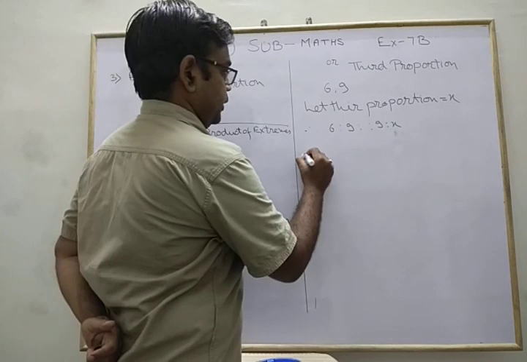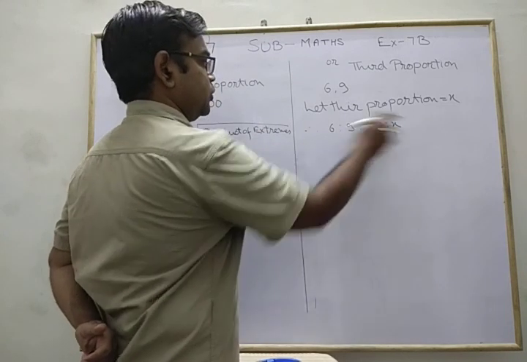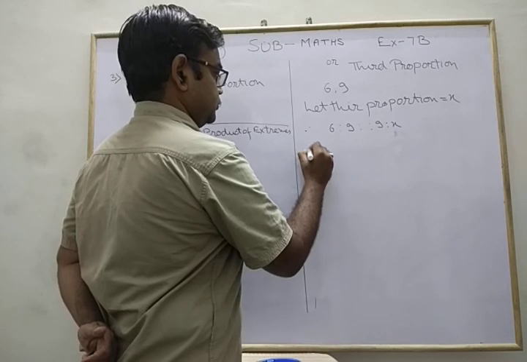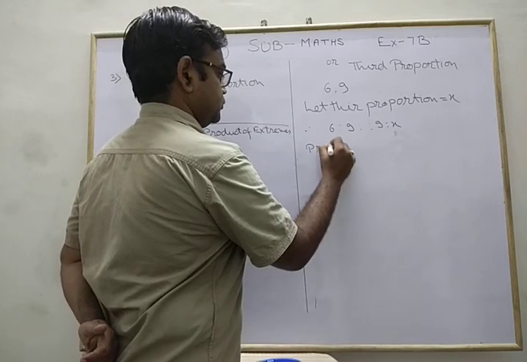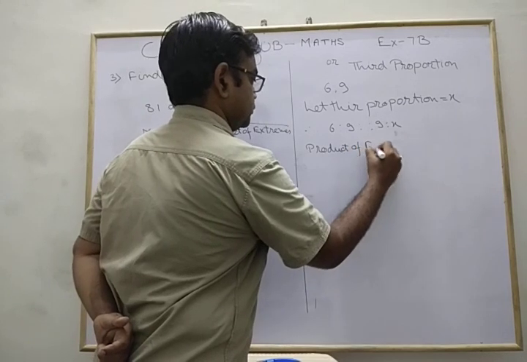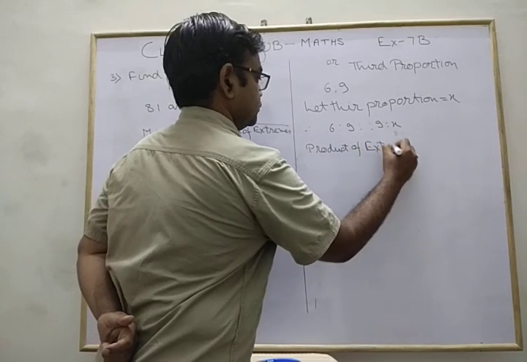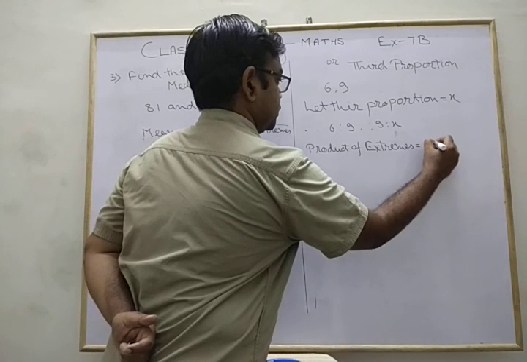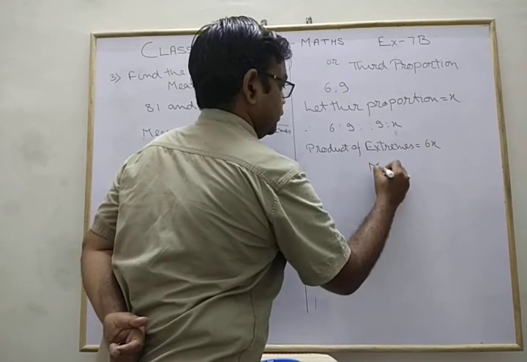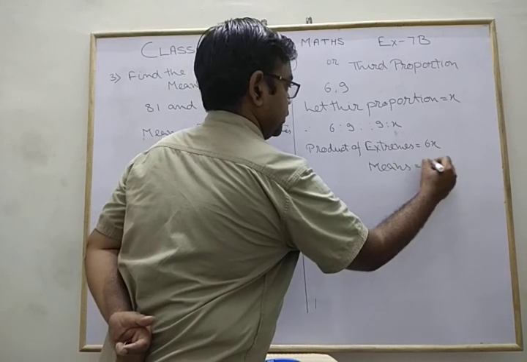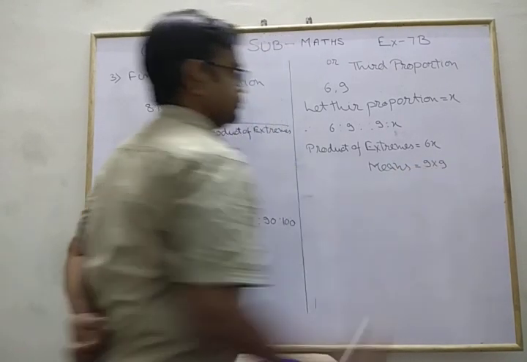6 ratio 9, 9 ratio x. Then we can use the same: product of extremes equals product of means. 6x equals 9 into 9.